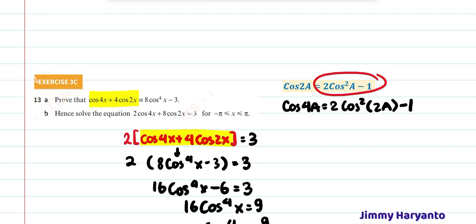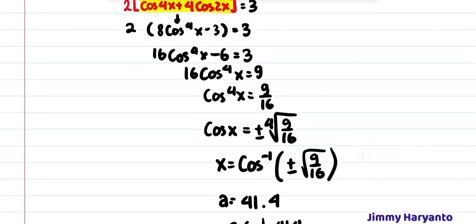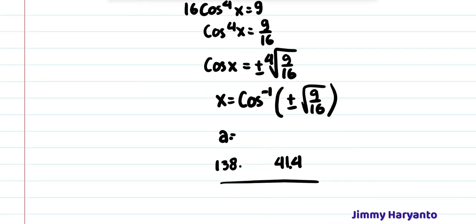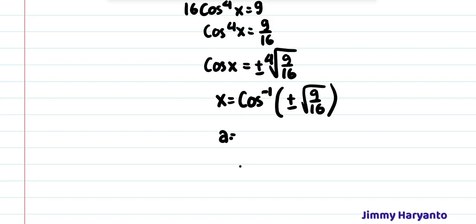Oh no, the question wants you to answer it in pi. My bad. So let's use radian instead. Cos inverse of the fourth root of 9 divided by 16 equals to 0.723.